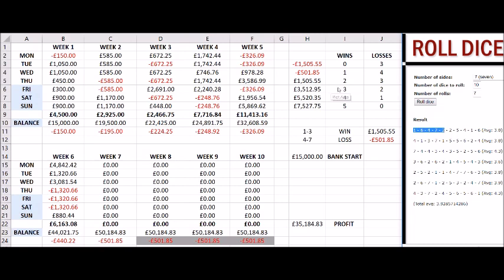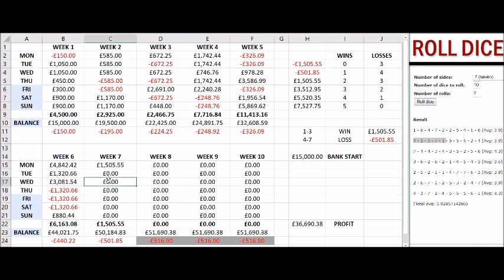So there were 2 wins there, 1505.55. Three wins, 3512.95. That was a loss of minus 1505.